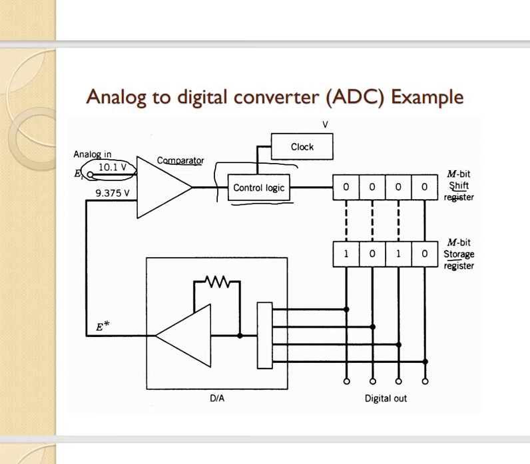They store the data inside the storage register, and if they get another data, it will add up into the storage register, and the final data will be sent back to the digital to analog converter to convert the binary data into analog data, which is voltage again. So here the comparator compares the output from this digital to analog converter with the input from the analog to digital converter.